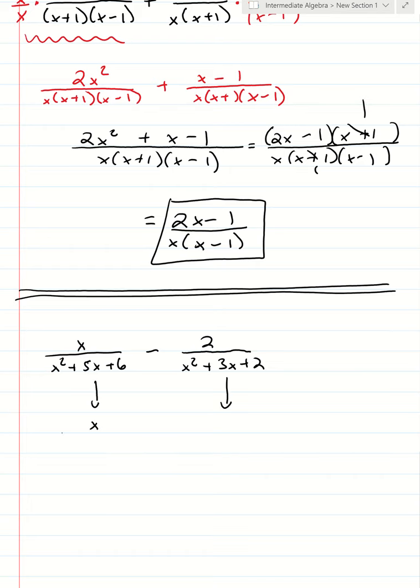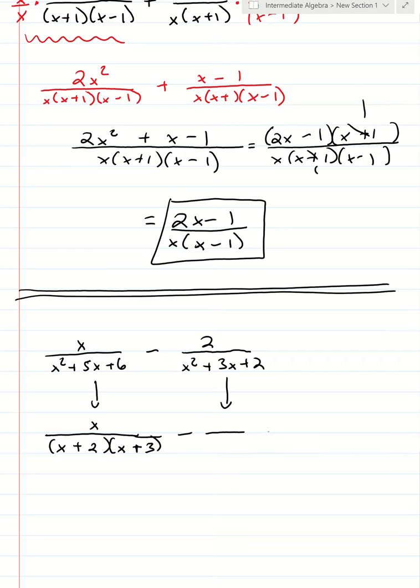I'm still going to have x, except now I'm going to have the factored form x and x, plus plus, because it's the same sign, both positive. I need 2 factors of 6 that add up to 5, and of course that would be 2 and 3.